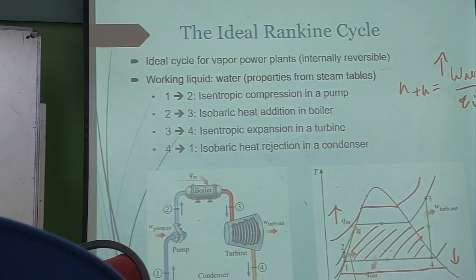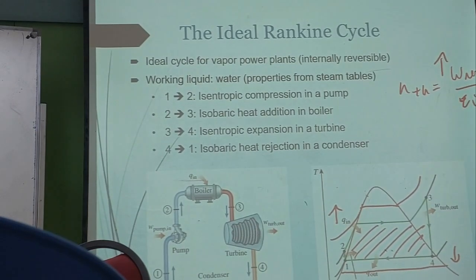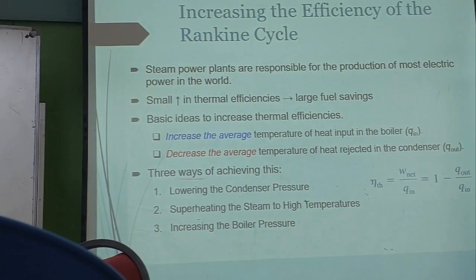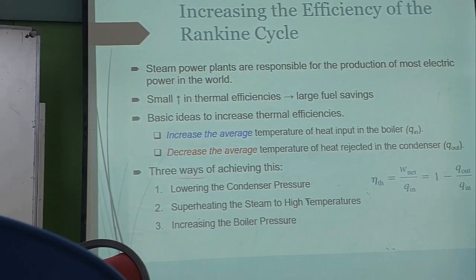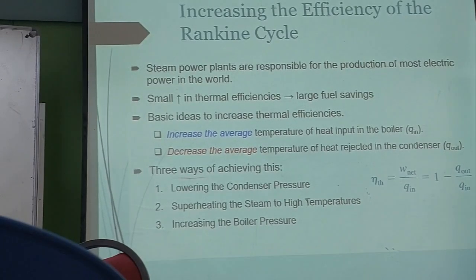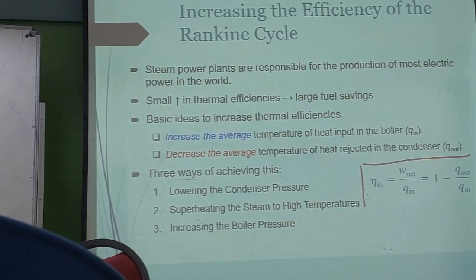So those are the two general ideas here. Increase the average temperature for the input, decrease the average temperature for the heat rejection. You can also see this in this equation here.